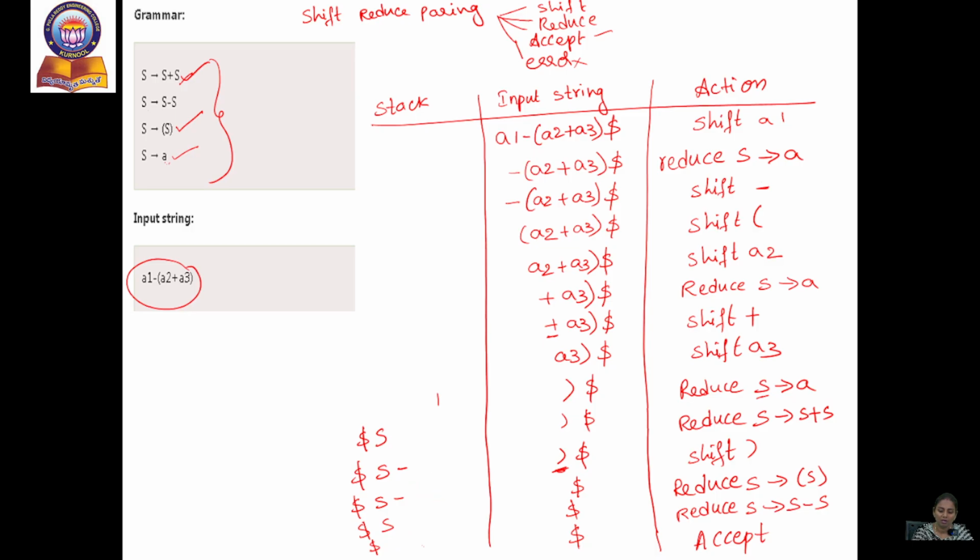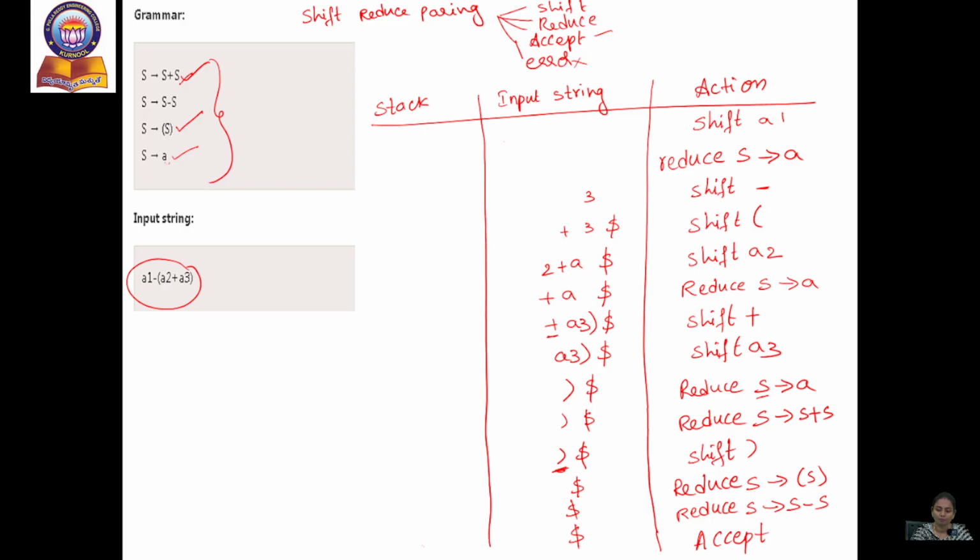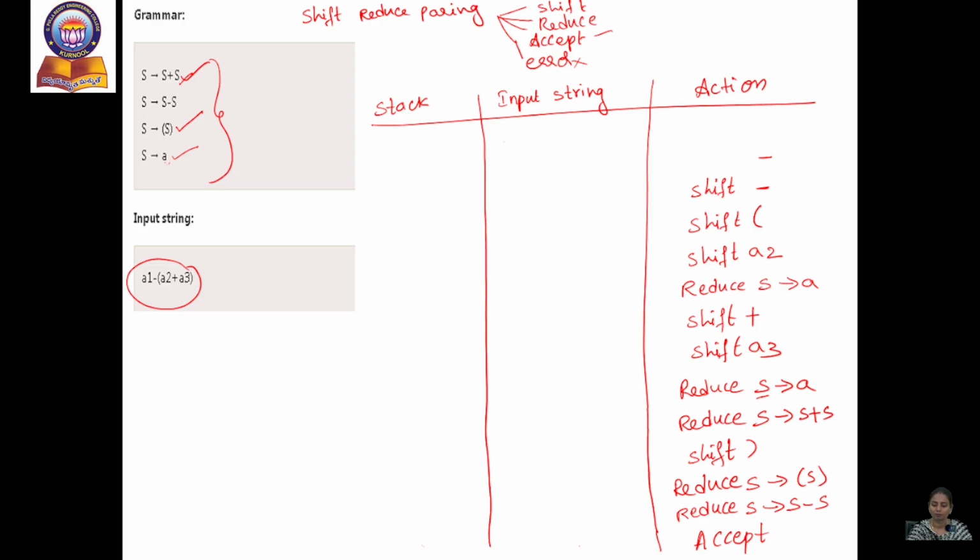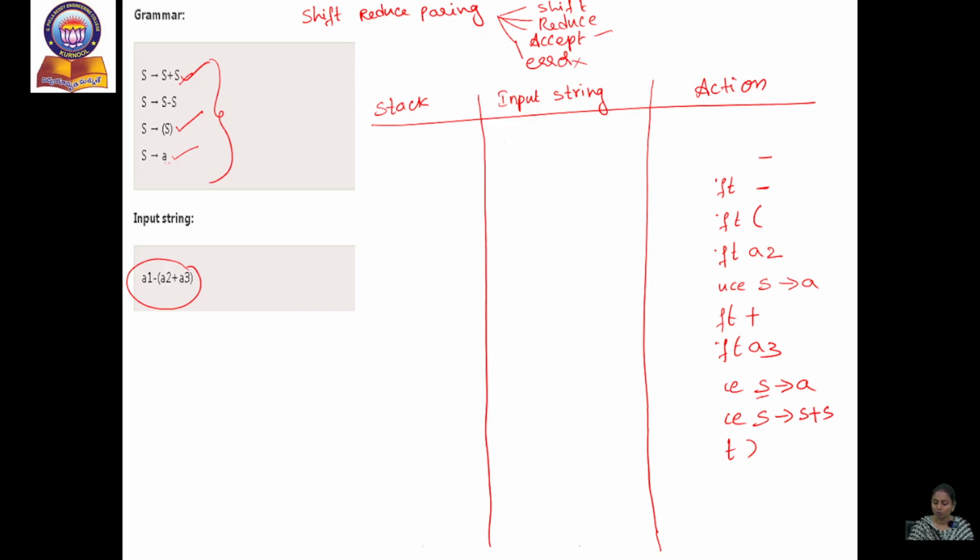For the same grammar, we will consider a different input string. I'll explain in which cases we will consider the error action.